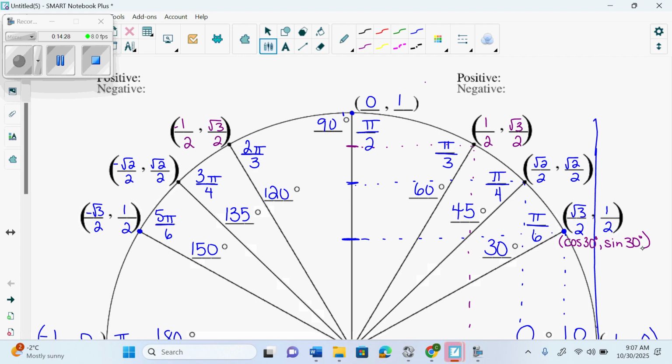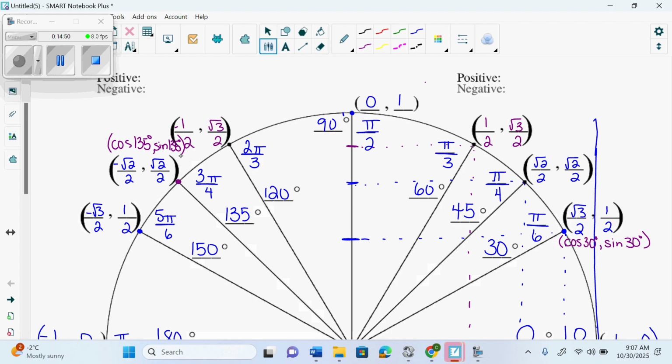All right, I want you to test these ones out. I want you to go here, and I want you to go cos of what? I'm doing this one. What's it going to be? This coordinate. Cos 135 degree symbol, sine 135 degree symbol. Don't forget the degree symbol, because if you forget the degree symbol, you are doing radians.